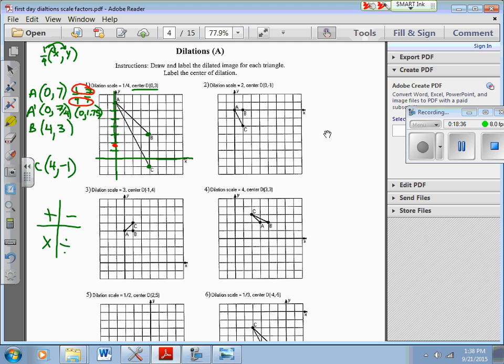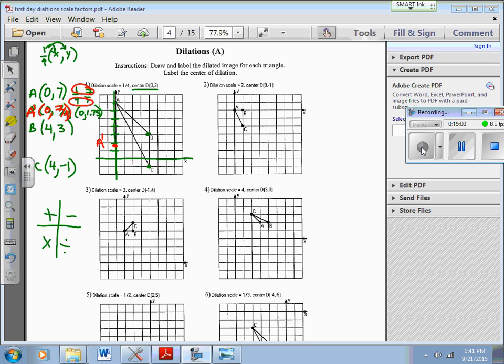And label that your A prime, 0,7/4. And everybody understood how we got the 1.75 right now? All right, go ahead and do the coordinates for B and C for me real quick, and then we'll check.